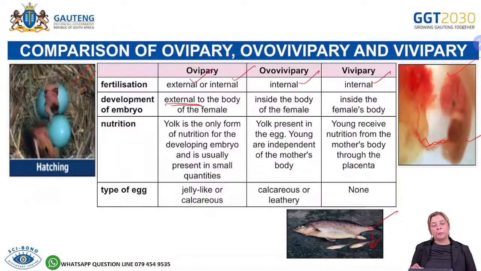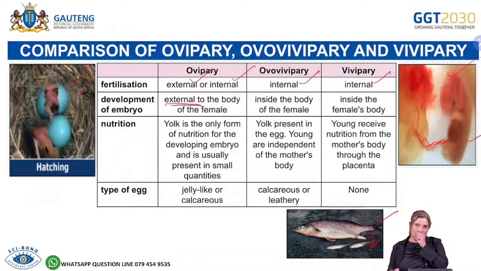So remember, in ovipary the eggs are laid, and in this egg there is nutrients. So sometimes certain organisms will incubate or keep the eggs warm or protected, like chickens. And even though the mother is not physically feeding the chick inside the egg, the chick inside the egg is getting the nutrients from inside the shell, which is usually the yolk sac.